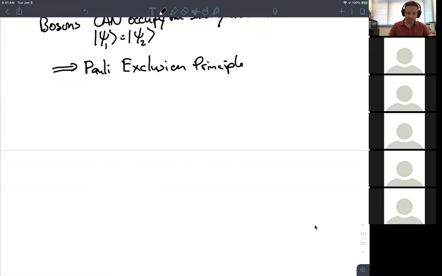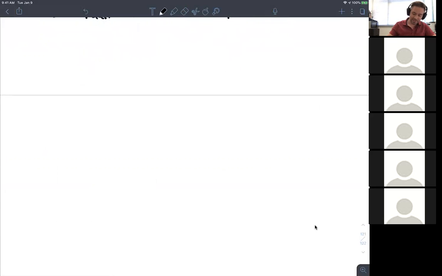So we've discussed now about just two particles. Now let's write down in general for n particles. All right, so for bosons, let me say n bosons.